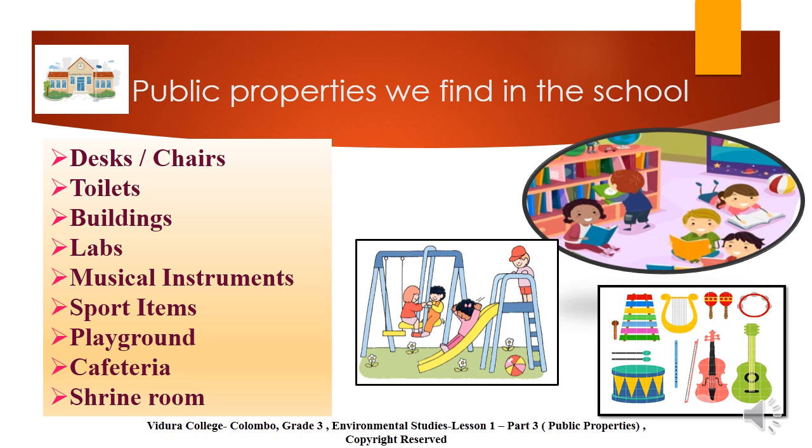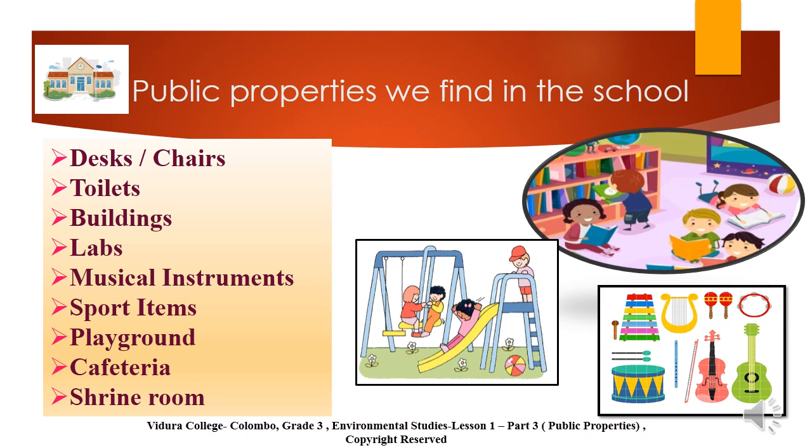Now we are going to learn public properties in our school. First of all, can you tell me the places given here in the pictures? Yes, there is a picture of a library and there is a picture of a playground. And in the next picture, you can see some musical instruments also. So my dear children, all these places and things are for you and for your friends.